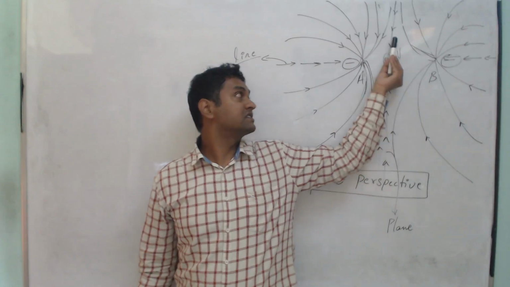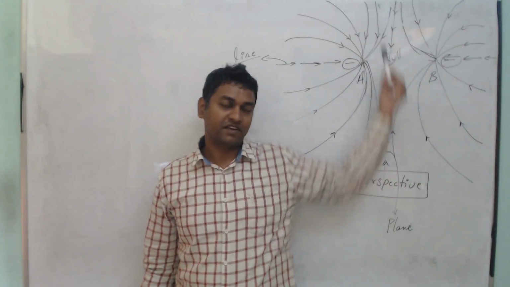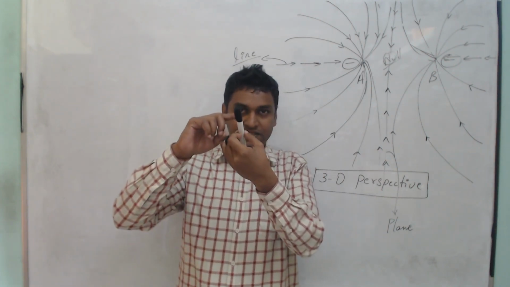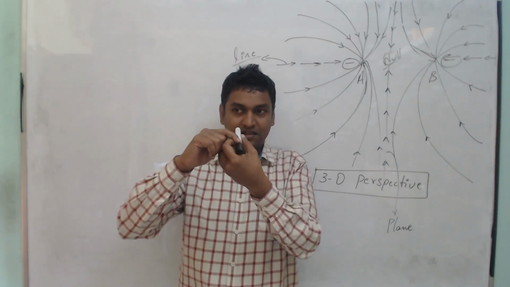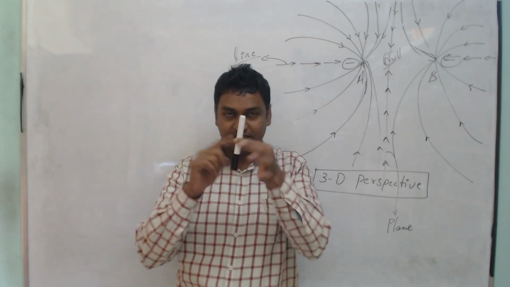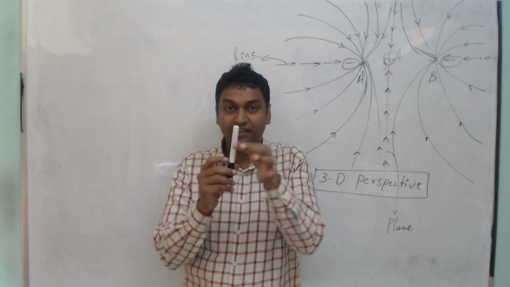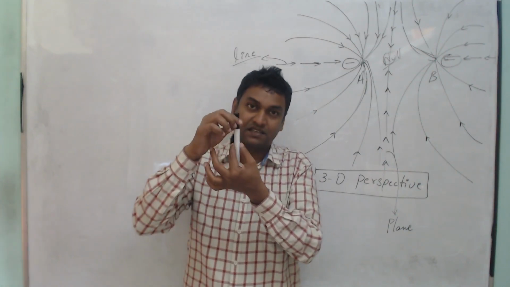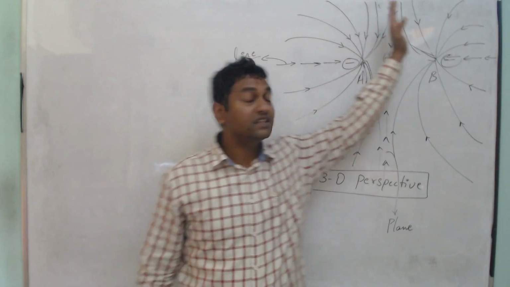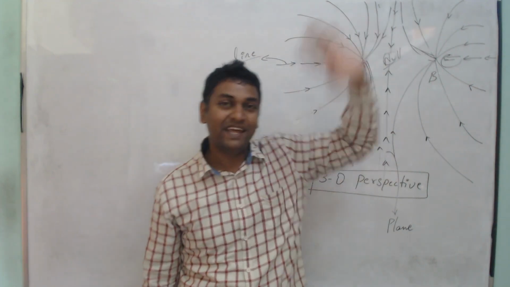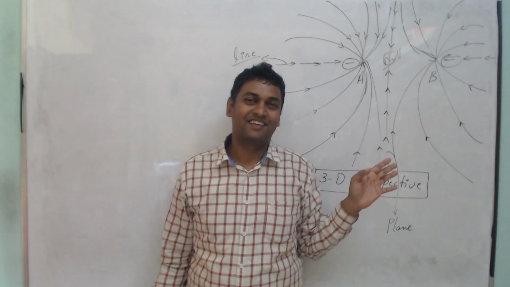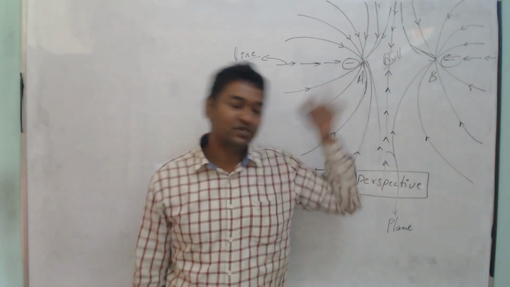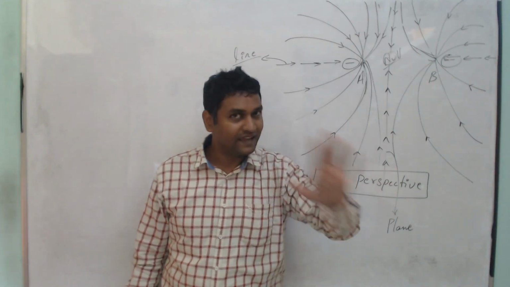Yes, sir. But this vertical line that I am drawing over here is not just a line actually. There will be many lines like this. And this is the null point where the field is 0. There will be many lines like this. Yes, sir. So actually this line that I am showing is a plane, whereas the line passing through the charges is going to be a line itself.